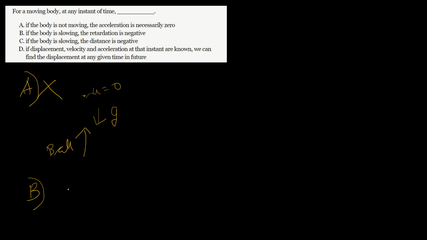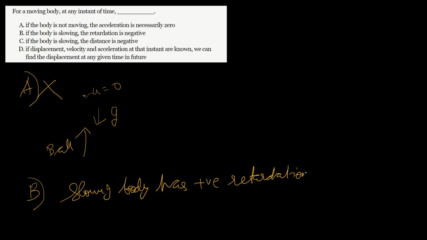It can go negative, but not for a slowing body. For a slowing body, you can write as a point: a slowing body has positive retardation, not negative retardation. So this is also wrong.